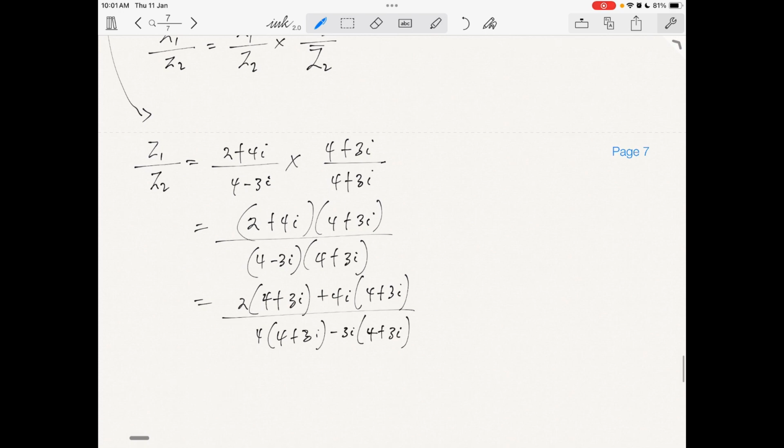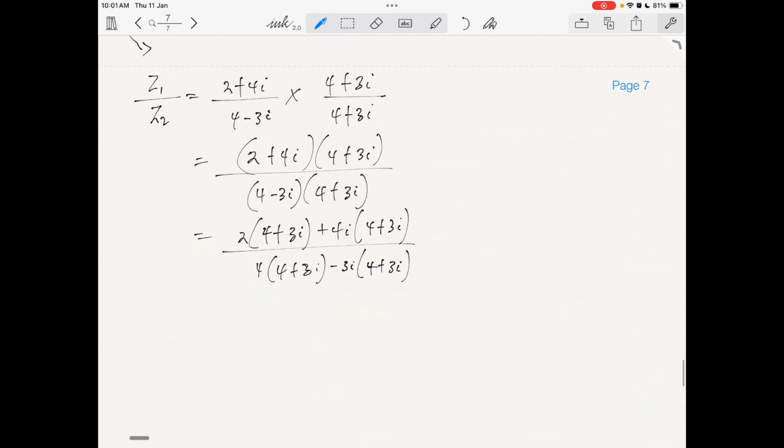Okay, now multiplying them out again, we have 2 times 4 will give us 8, plus 6i, and multiplying by 4i we have 16i, plus 12i squared, and divided by 4 times 4 gives us 16, and 4 times 3i gives us 12i.